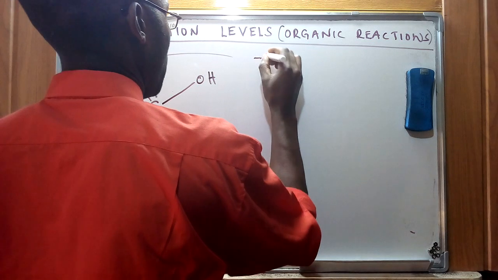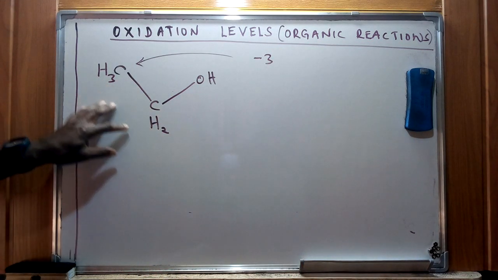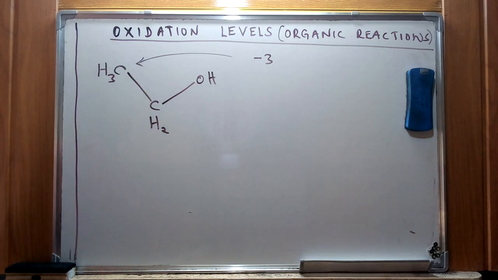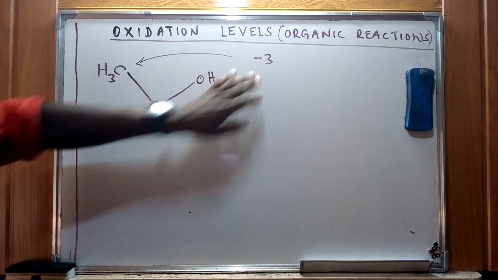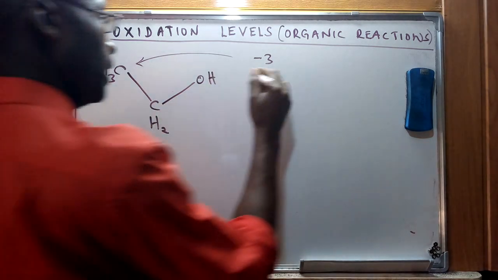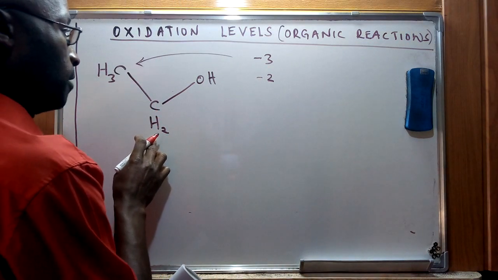There are 3, so it is -3 for the attached hydrogens. The overall oxidation level is going to be the sum of all the oxidation numbers in this compound. So we're going to have -3 for the attached hydrogens, and then for carbon number 2 we're going to have -2, since we have 2 hydrogens attached at this specific point.